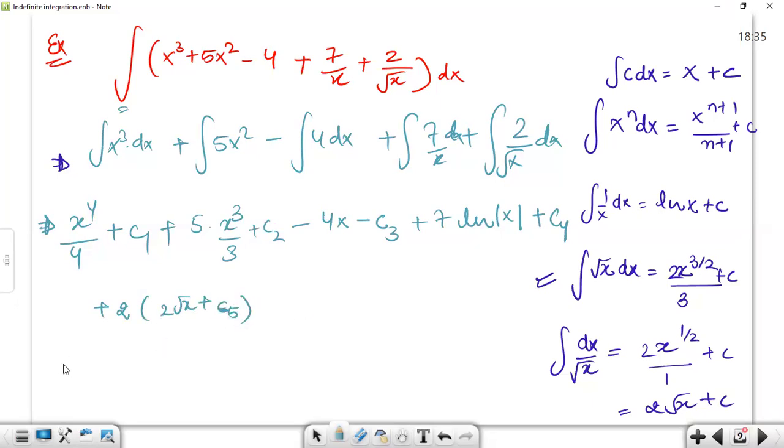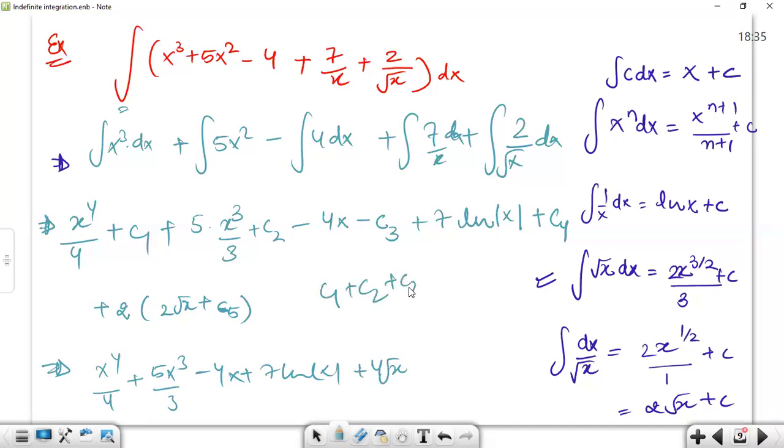Okay, so we can now write and simplify it. Plus 2 into 2, 4 root x. And all these constants, like c1 plus c2 plus c3, sorry, minus c3 plus c4 and plus 2c5, will also be equal to some other constant. So let us say that constant c.